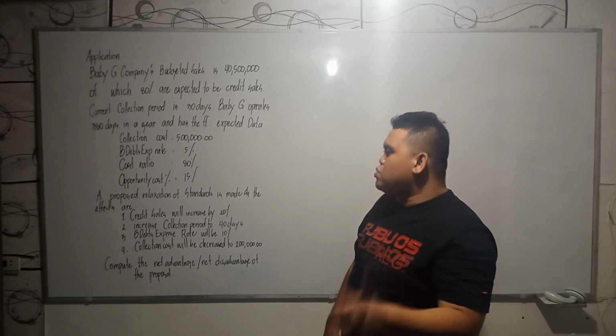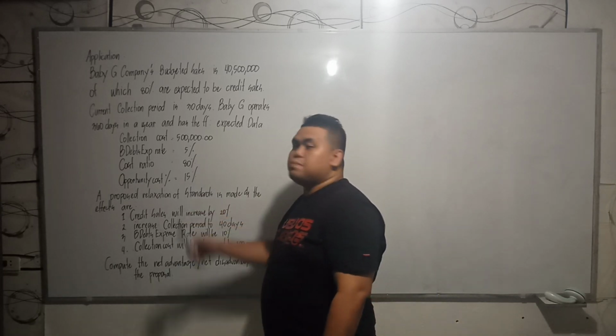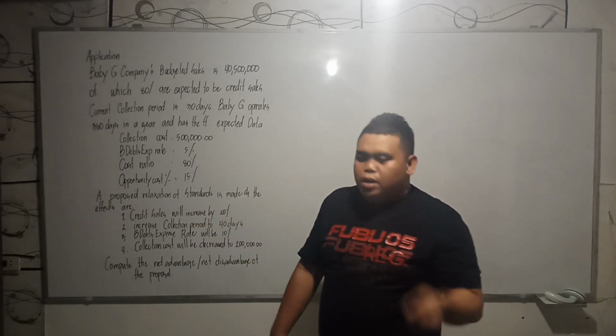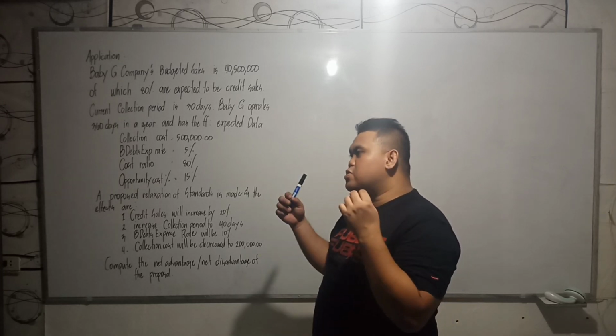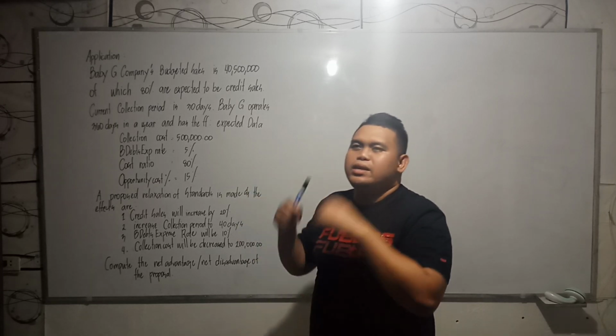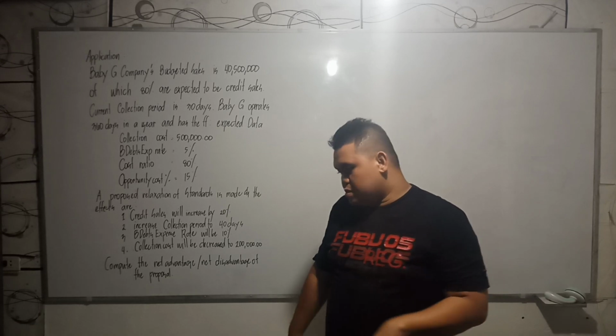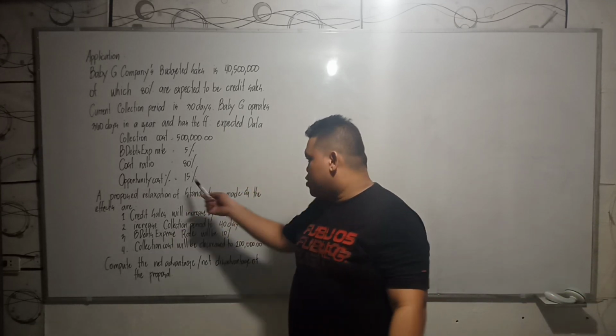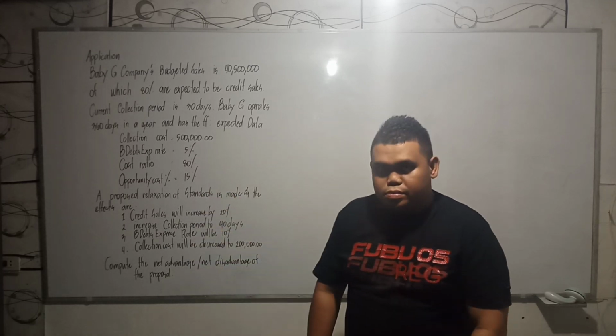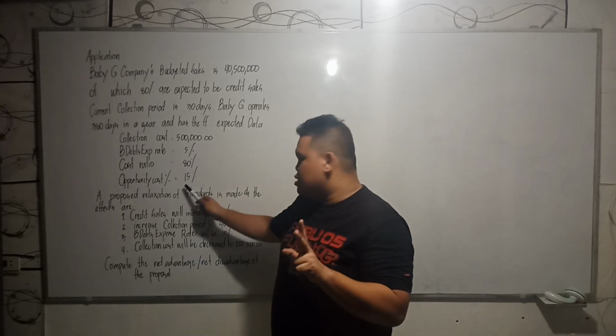Now, the opportunity cost in percentage is 15%. So that means the lesser accounts receivable that you have, then you have the opportunity to invest it in other investment opportunities and it will earn on the average 15% per annum. Because the problem is silent, this is per year.